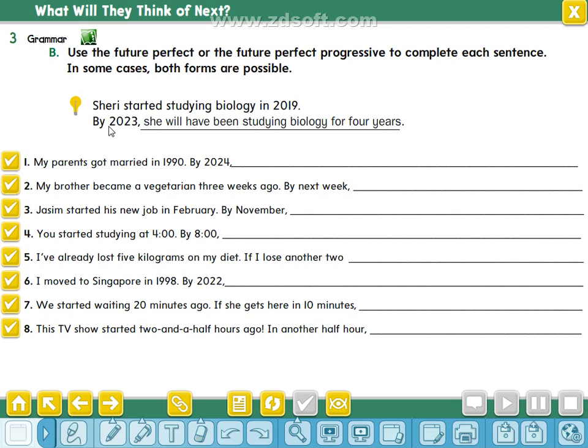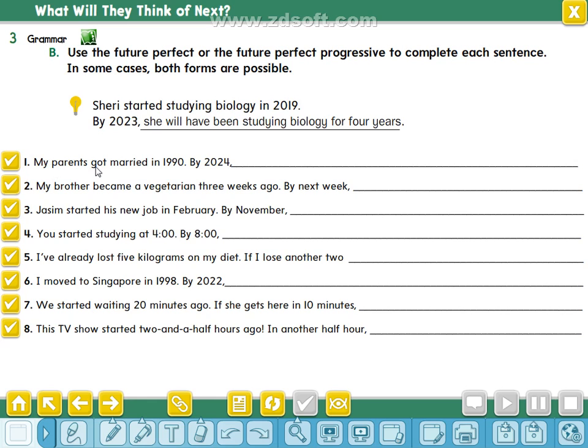Here we are focusing on the duration, so we can say that by 2023 she will have been studying biology for 4 years. For 4 years. Here you can count the period from 2019 to 2023. The duration is 4 years, so by 2023 she will have been studying biology for 4 years.